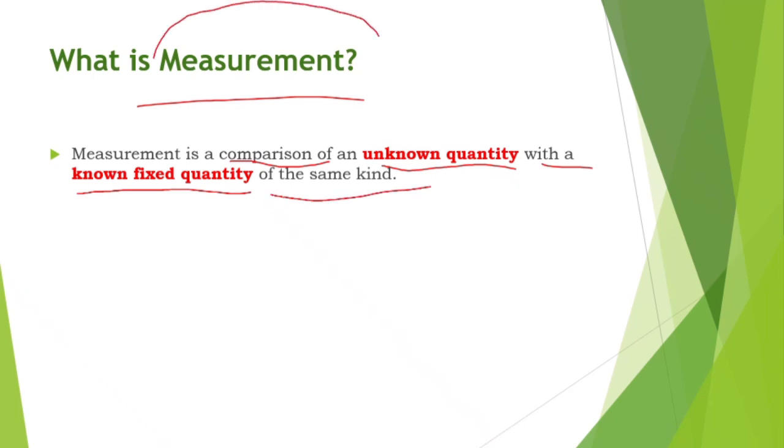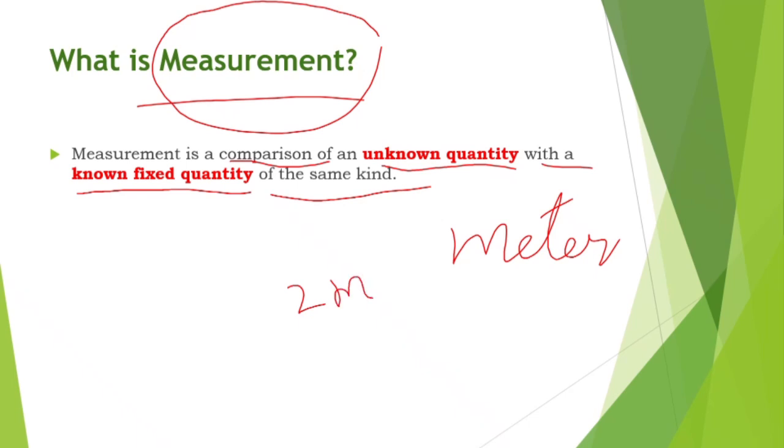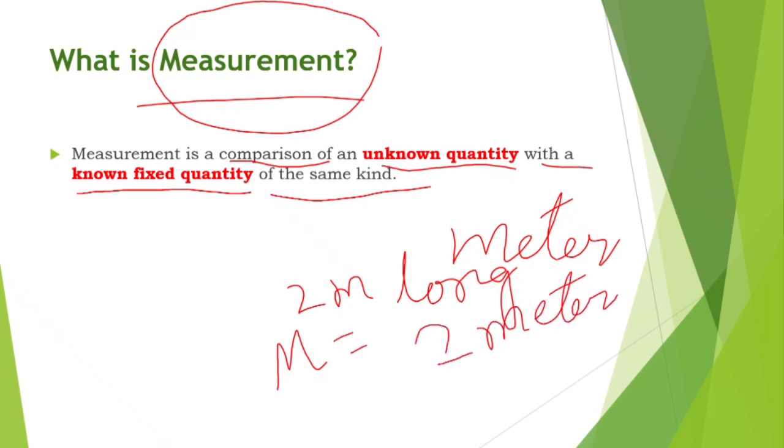We call it measurement. Understand? But how? Let us understand by an example. If we want to measure the length of a table, got it? So what do we choose? We choose the unit as meter, right? Understand? So if the table is 2 meters long, what would be the measurement? 2 meters. Understand?